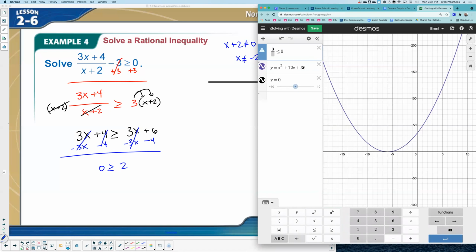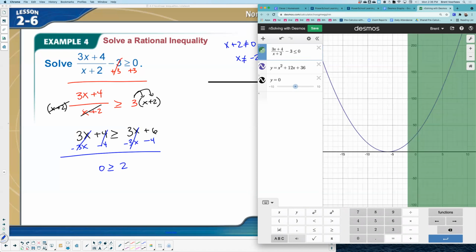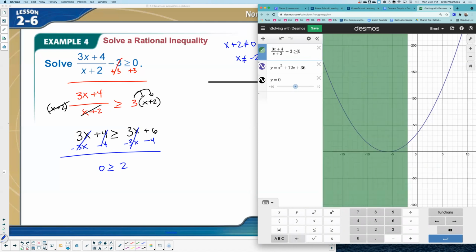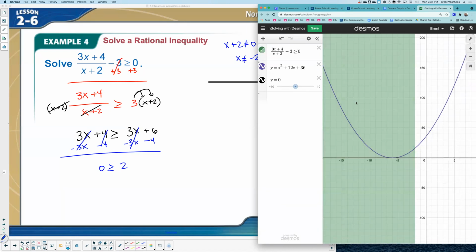Let's see, 3x plus 4 over x plus 2, minus the 3, has got to be greater than or equal to 0. And so this is actually saying the answer would be from negative infinity up to -2.